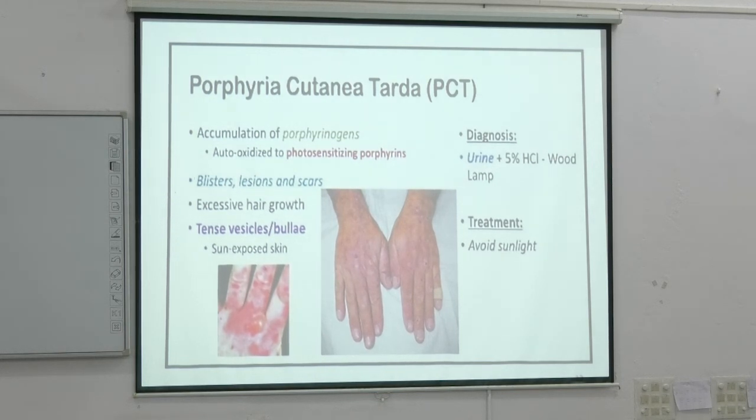Because there will be deposition of uroporphyrin and an excess of it in your bloodstream. And whenever this uroporphyrin comes in contact with sunlight, you will have formation of blisters. This is a blistering disease, concurrent to the level of other blistering skin disorders, like bullous pemphigoid.